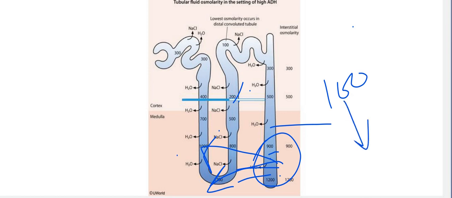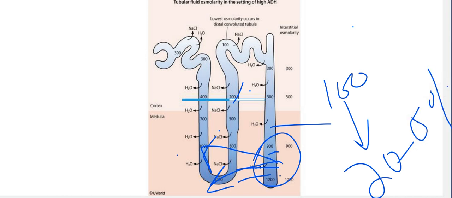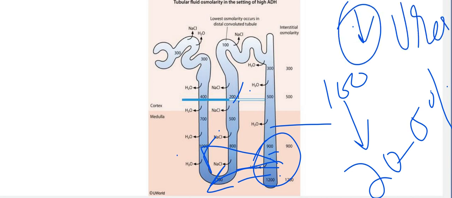The remaining will be somewhere between 20 to 50%. So it will also decrease the excretion of urea. These are some of the most important concepts in the concentration of the urine.